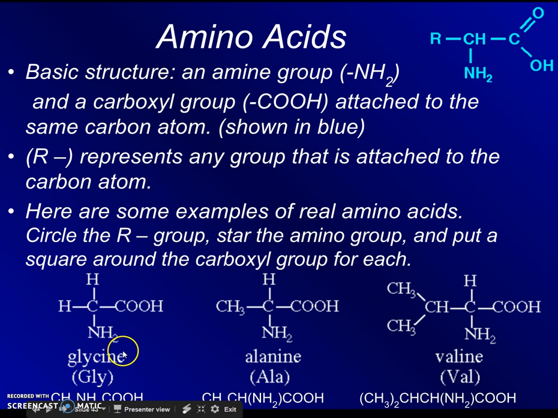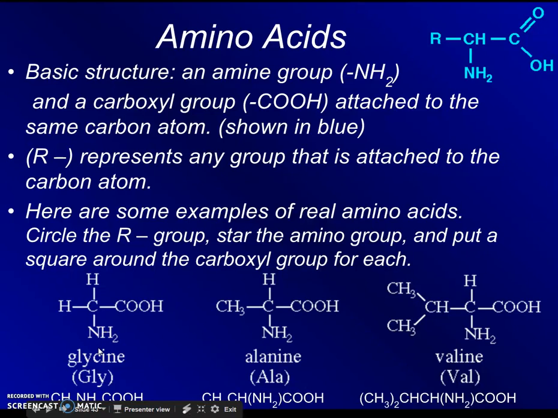Do you see the NH2 in glycine? Go ahead and put a star right here. In alanine, another amino acid, it's right here. You can put a star by the NH2. That's the amine group. And then valine, you can put a star by that one. So amine just means it has nitrogen and hydrogen in it. So those are the stars for the amine group.